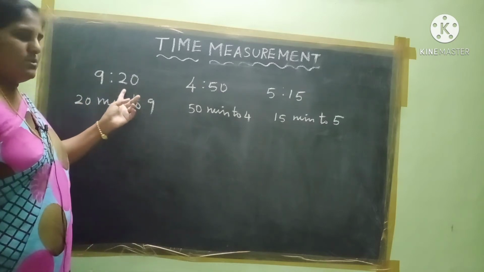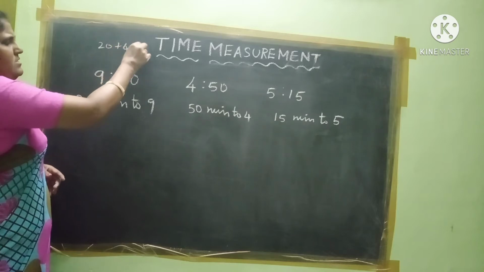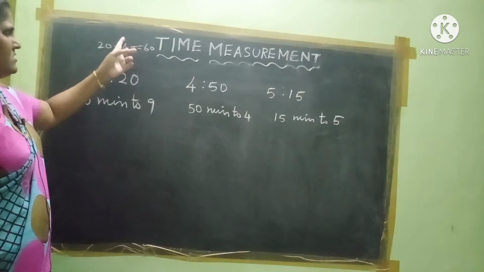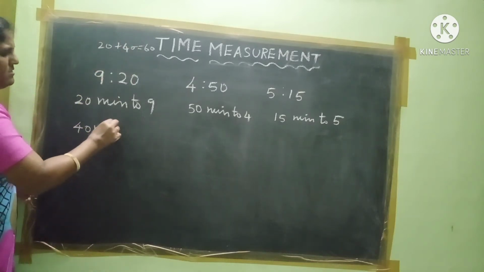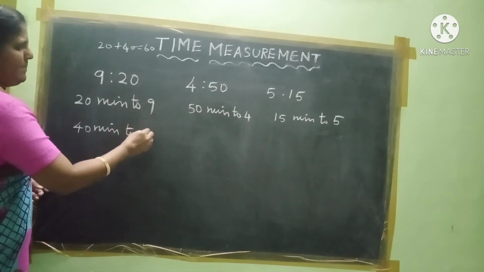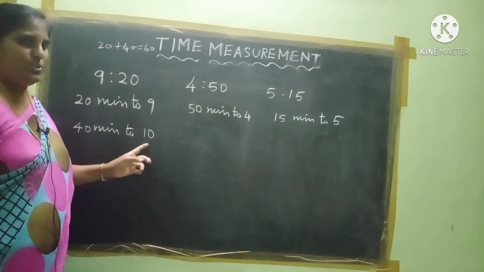So that means 20 plus 40 is equal to 60 minutes. Therefore, say 40 minutes to 10.